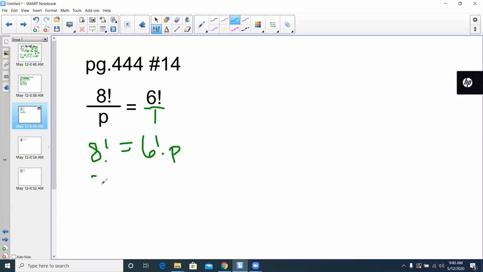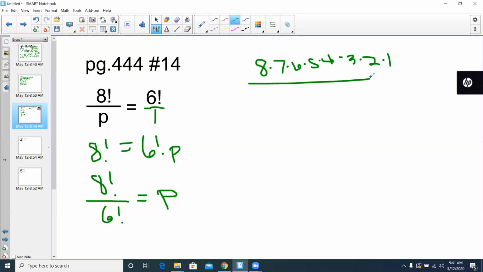So let's divide both sides by 6 factorial and see what we get. 8 factorial, we'll just write it out, is 8 times 7 times 6 times 5 times 4 times 3 times 2 times 1. 6 factorial is 6 times 5 times 4 times 3 times 2 times 1.